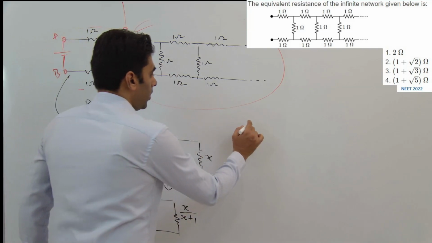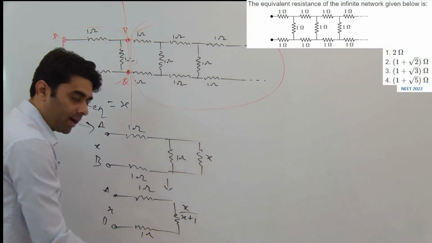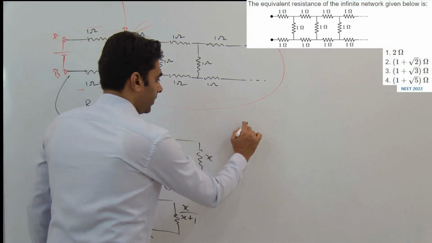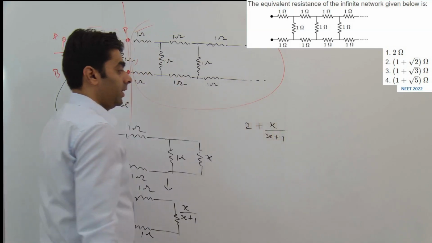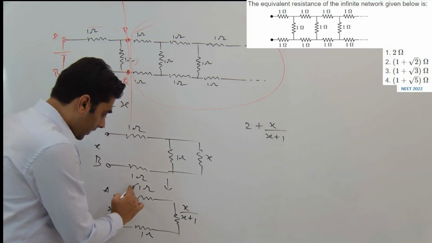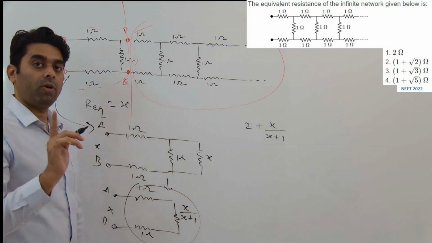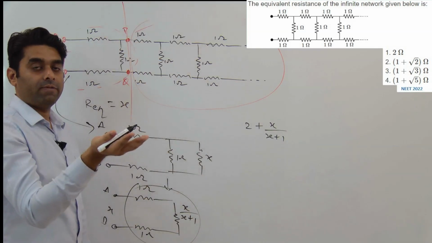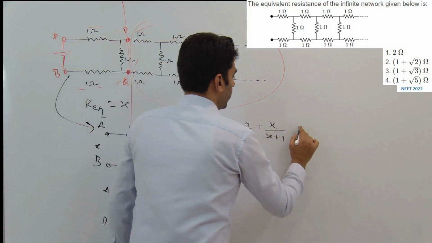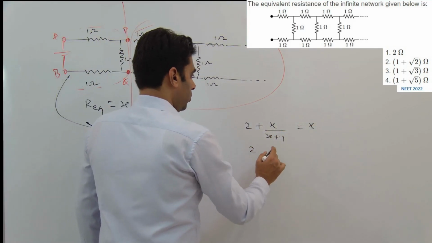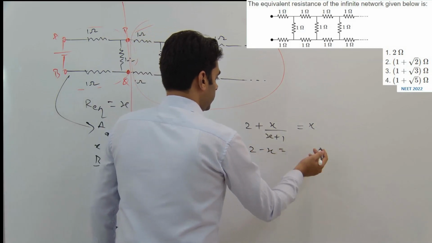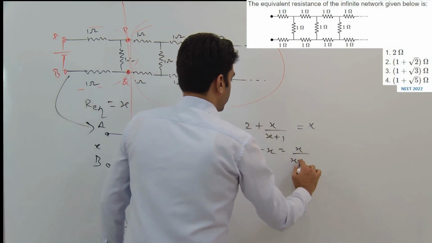So these 3 are in series. That implies 1 plus 1, 2, 2 plus X by X plus 1. This is the R equivalent, and this must be equal to the total R equivalent for the infinite ladder, which is equal to X. Fine, let us simplify this. So what can we write? 2 minus X is equal to X by X plus 1.